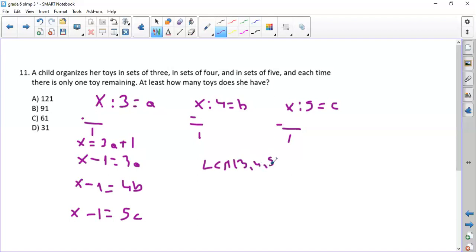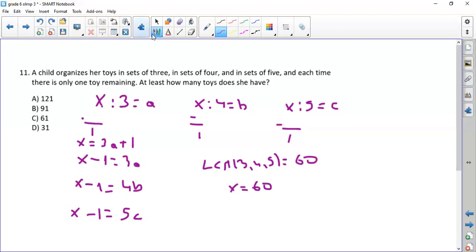Since they are relatively prime between them, it will be 12 times 5, 60. So X minus 1 must be 60 or a multiple of 60.